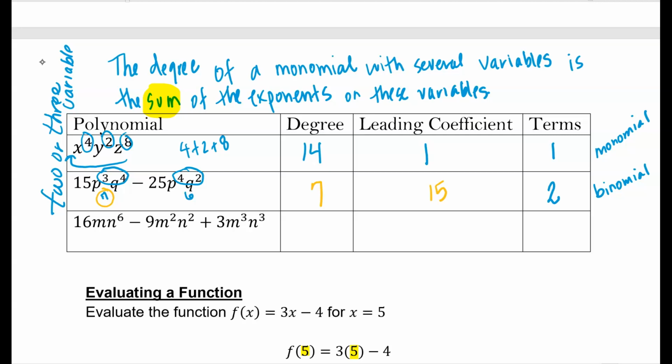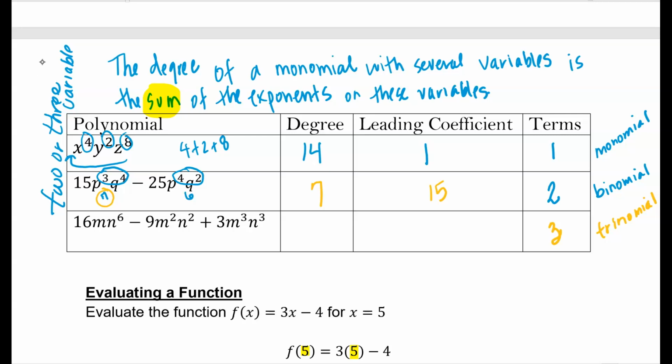Now let's move on to the next. We have 1, 2, 3 terms here. We're going to call it a trinomial. Now, what is the degree of this polynomial? Well, you have to add the exponents and figure out which term has the highest sum.